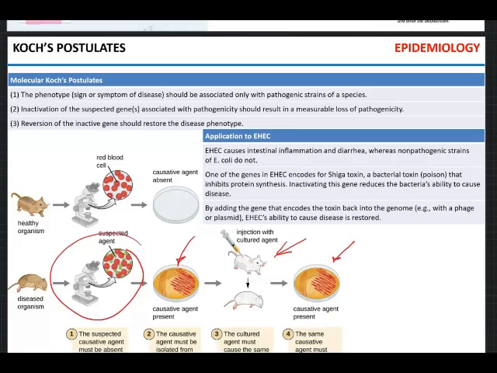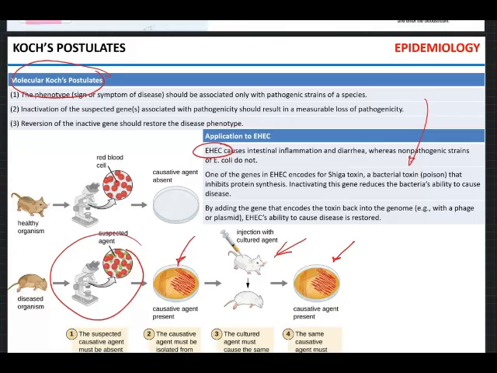Now, what about molecular Koch's postulates? I'm not going to spend a lot of time on this. It shows you the example of how it works. Molecular Koch's postulates refer to the method when you identify a specific genetic determinant of virulence. For instance, enterohemorrhagic E. coli that causes really severe infection in humans.